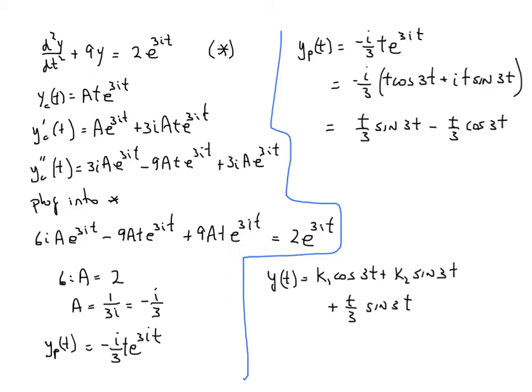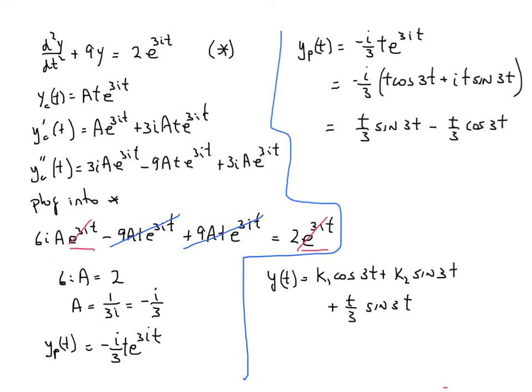All of that has to add up to be 2 e to the 3it, and canceling, first of all, these terms are identical, so they cancel. And then we realize that we have e to the 3it on this side, e to the 3it on this side. The only way that we're going to have equality is if 6ia, this coefficient, equals 2. 6ia has to be 2.